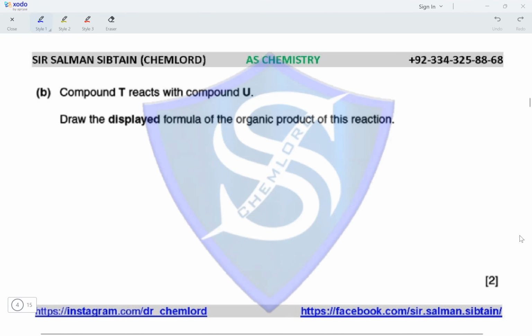Compound T reacts with compound U. So compound U is propanoic acid and compound T is butan-2-ol. Draw the displayed formula of the organic product of this reaction. So we start off with the propanoic acid.